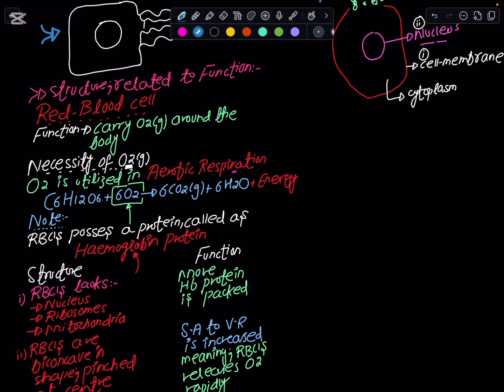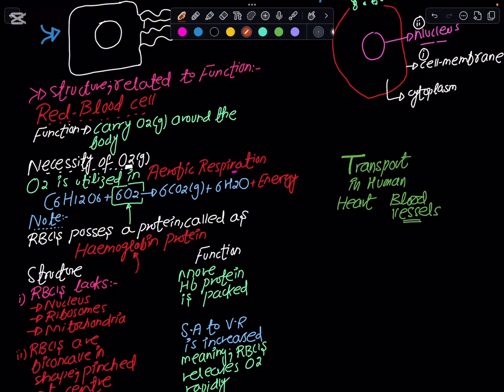Later in this subject, you will be learning about a specialized system that we have developed in our body, which is called transport, and we see that in human beings. In that transport system, we have the heart, and after the heart we have the blood vessels, and these blood vessels have the red blood cells in them.